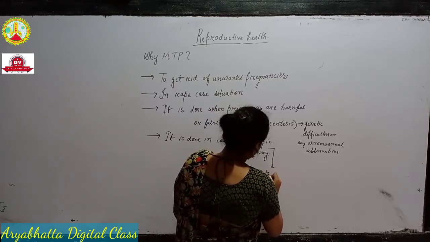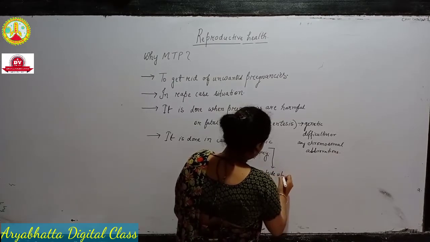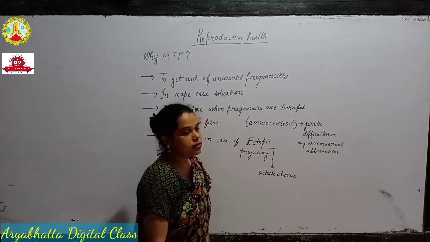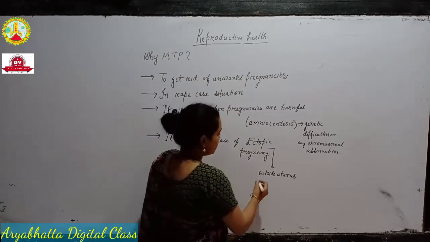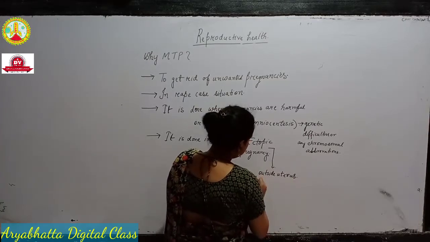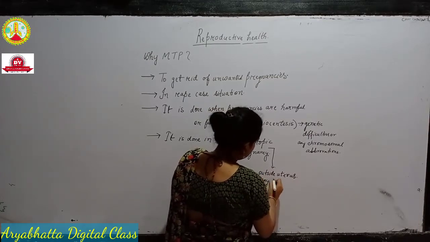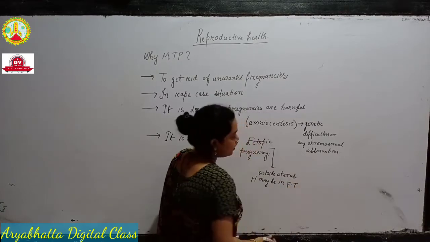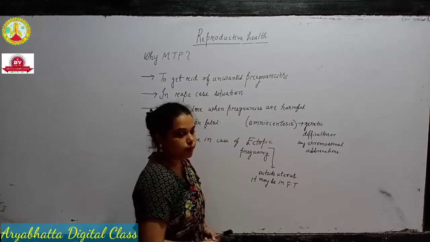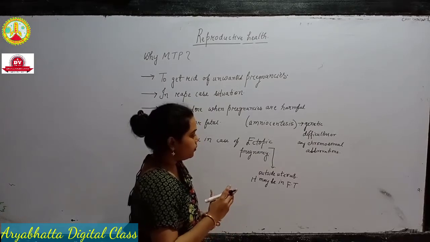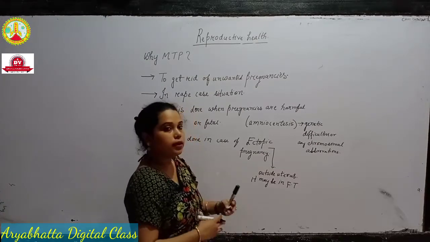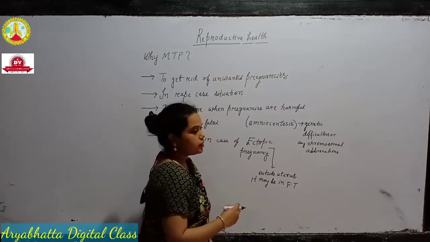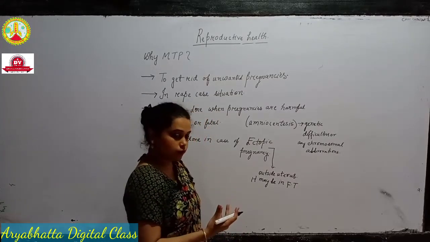It may be inside the fallopian tube. Implantation occurs in the fallopian tube, not in the uterus. So the pregnancy begins only in the fallopian tube.